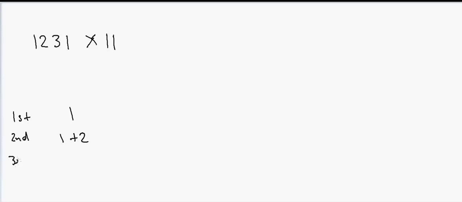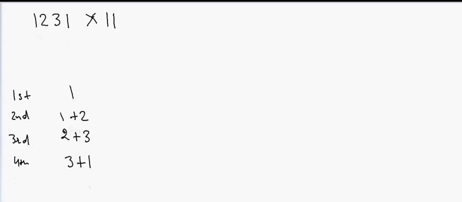If I have 1 2 3 1, I have to multiply by 11. So the first digit will be equal to 1, second will be equal to 1 plus 2, third will be equal to 2 plus 3, and fourth will be equal to 3 plus 1, and then we are left with the fifth, which is equal to 1.